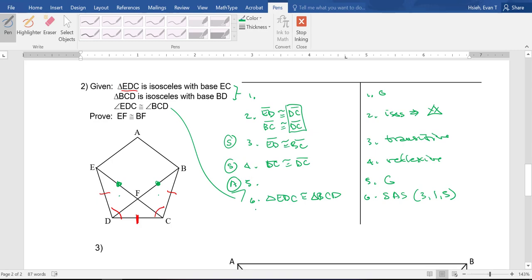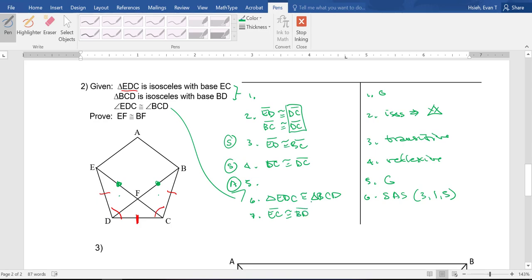And now, here's the tricky part. I know that CPCTC tells me that EC is congruent to BD.